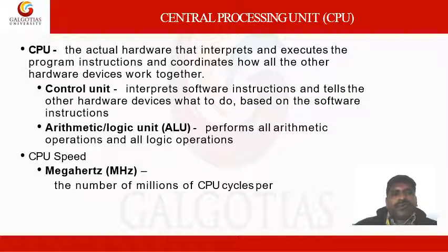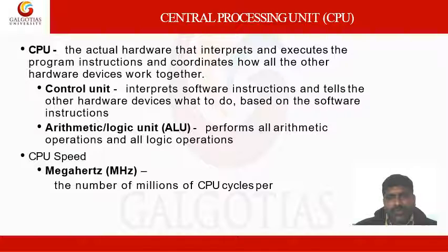When we talk about the central processing unit, the CPU, it is the actual hardware that interprets and executes the program instructions and coordinates how all the other hardware devices work together. That means hardware devices such as the hard disk drive, the motherboard, and RAM.